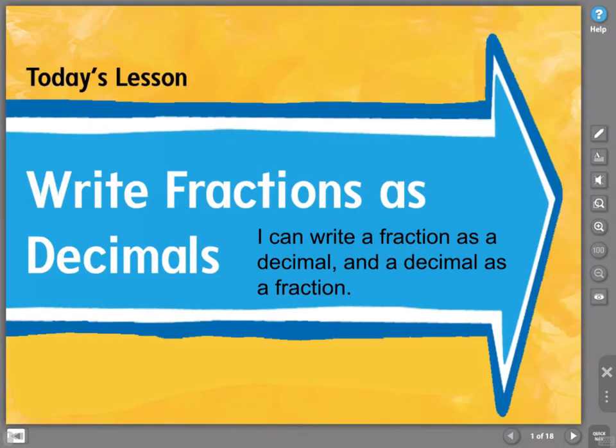So that brings us to the end of today's lesson. On your whisk, you'll need to write today's I can statement. You can write, I can write a fraction as a decimal and a decimal as a fraction. Go ahead and press pause now if you need more time to add this to your whisk.